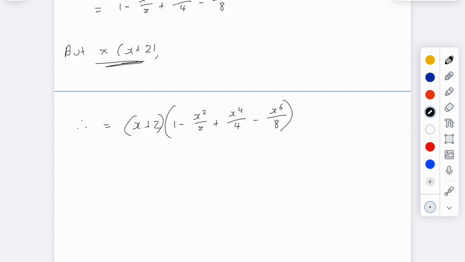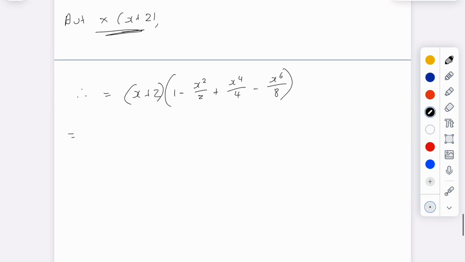It's going to equal x minus x cubed over 2 plus x to the power 5 over 4 minus x to the power 7 over 8 plus 2 minus x squared plus x to the 4 over 2 minus x to the 6 over 4.